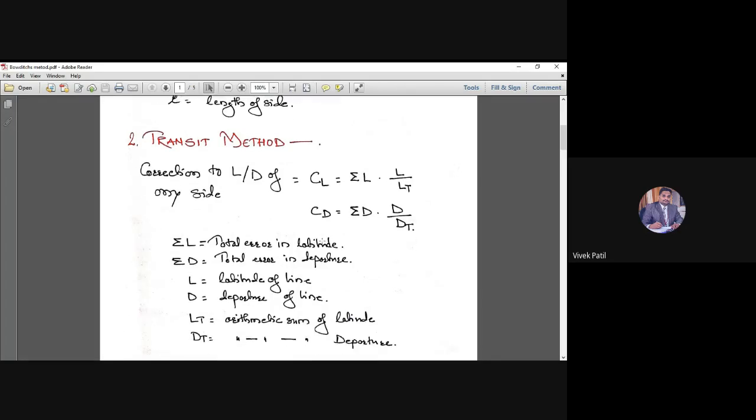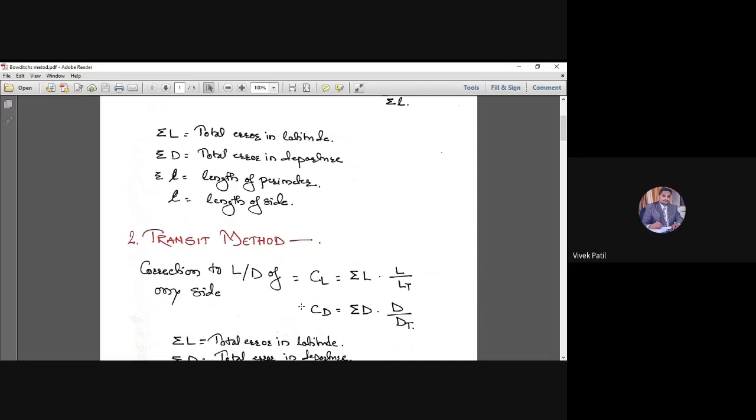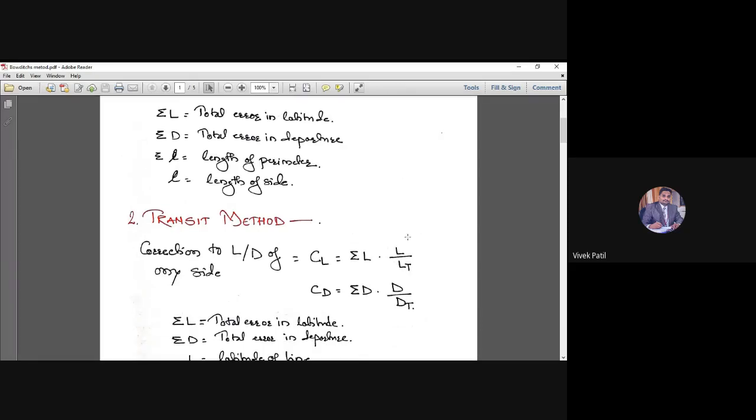Okay, so what are the terms here? Summation of L is the total error in the departure, same formula. L is the latitude of that line. Earlier L was the length of that side and summation of L was the perimeter. Here this term will be changing.